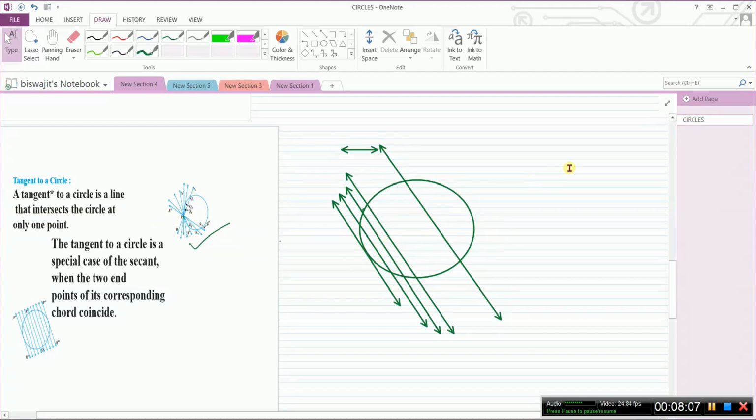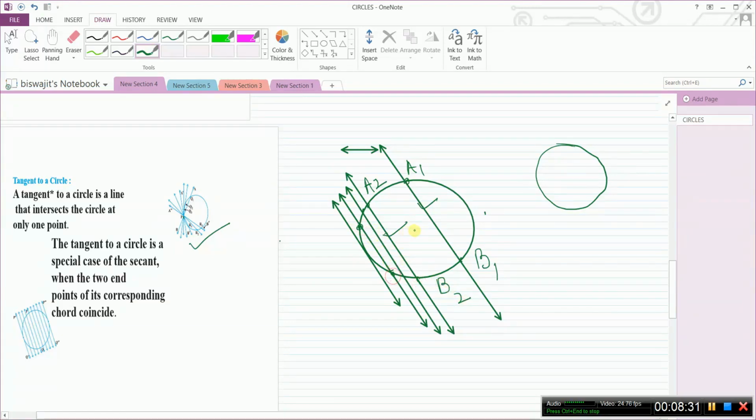It means here in the circle, these are all secants. They intersect at 2 points, A1 and B1. Yes, here also it intersects at A2 and B2.